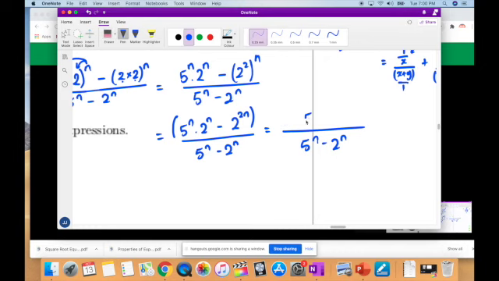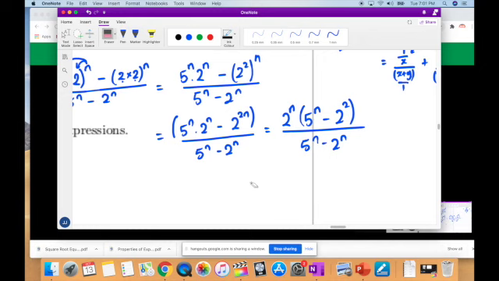I want to end up with 5 to the n minus 2 to the n up here, because I'm noticing that that is what I have down here. So what do I have to multiply here? I have to multiply 2 to the n, and that will multiply by that. But then this will have to be 2 squared over here.